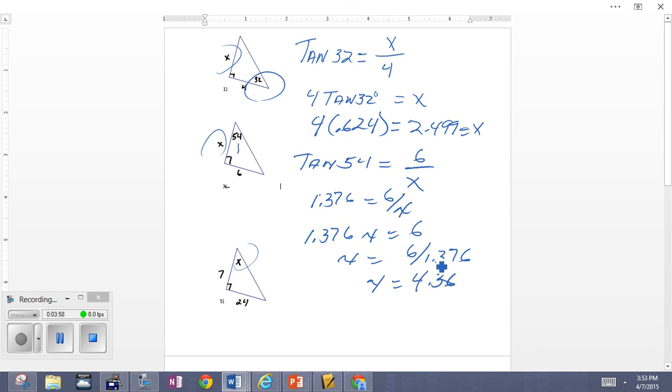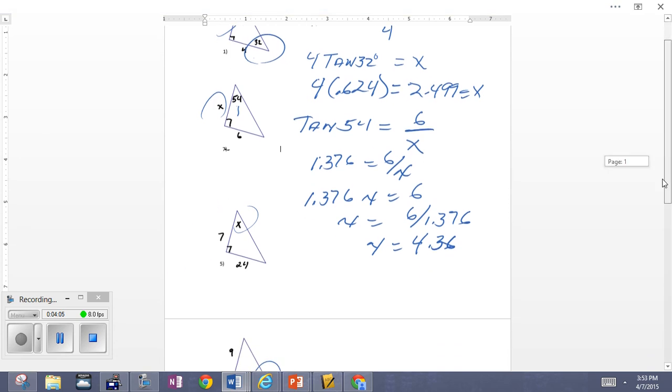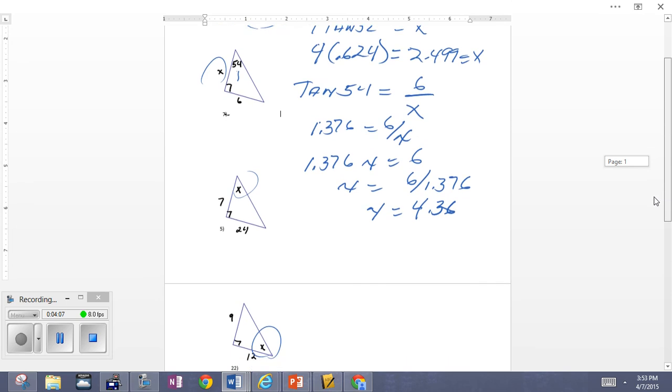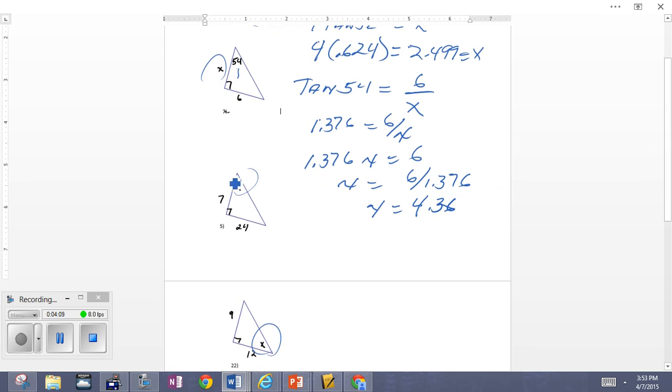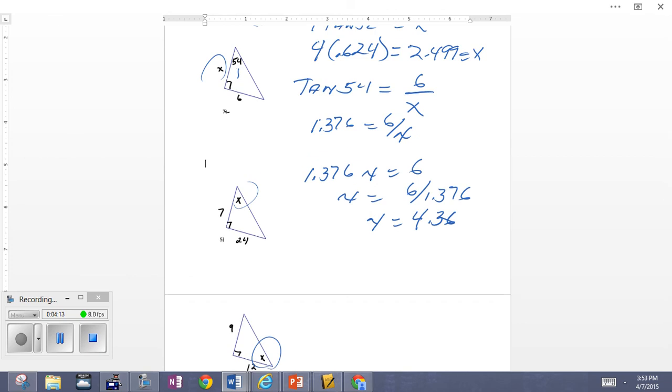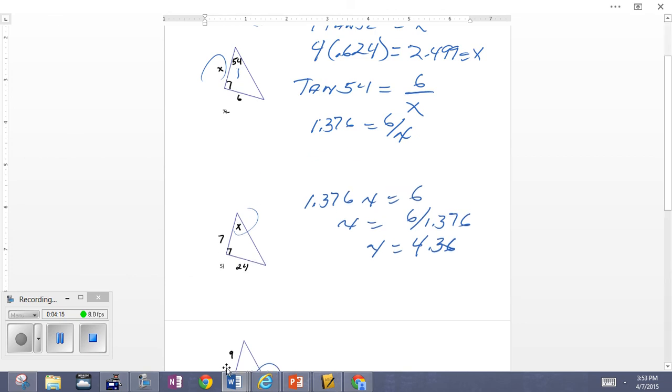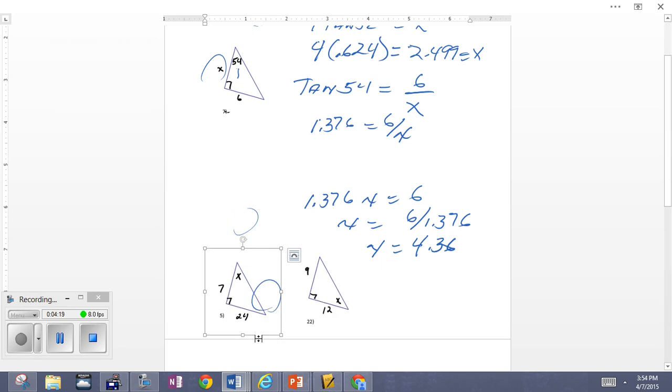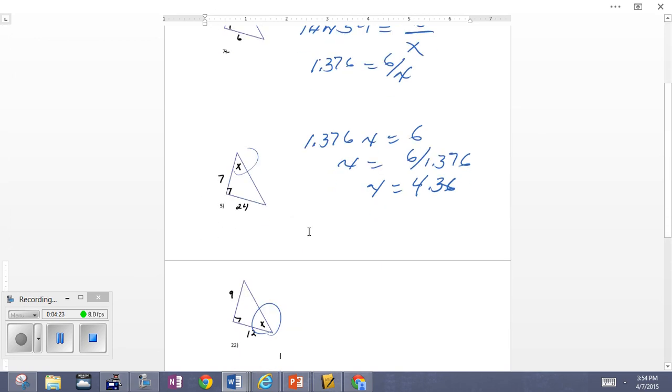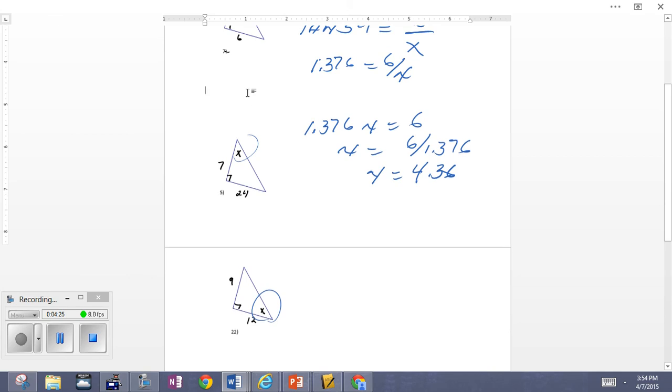Now, let's take a look at where we're going to find the angle using the tangent. Sorry about that.